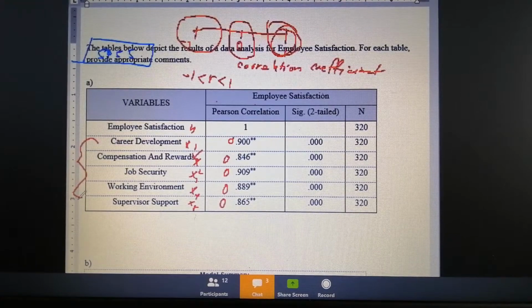This is your independent variable, and this is your dependent variable. Employee satisfaction is the dependent variable. Since all these values are closer to 1, you can say the independent variables have a strong linear relationship to employee satisfaction.